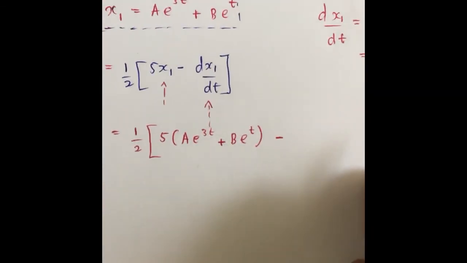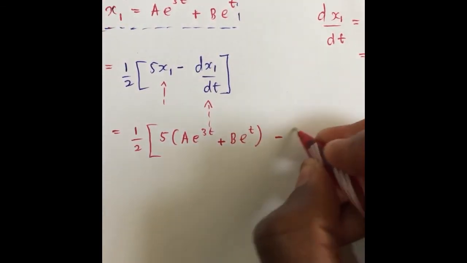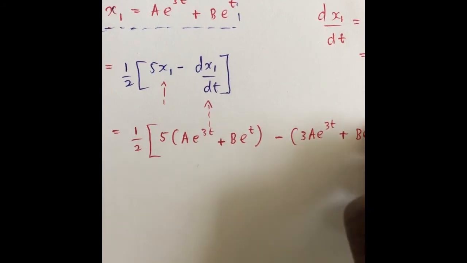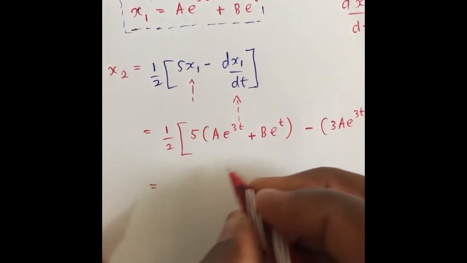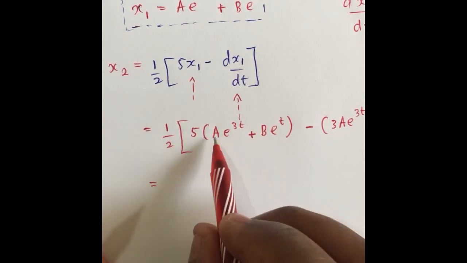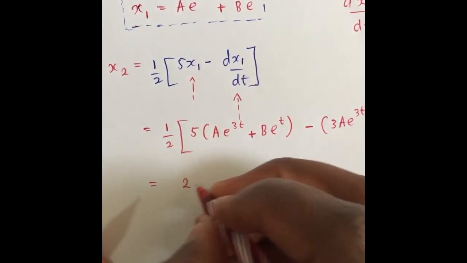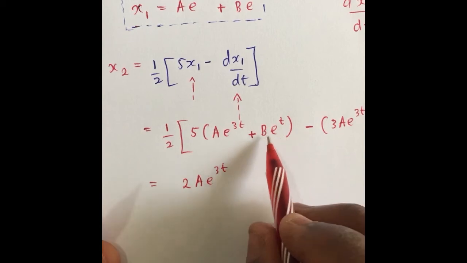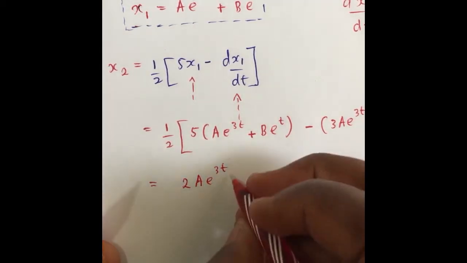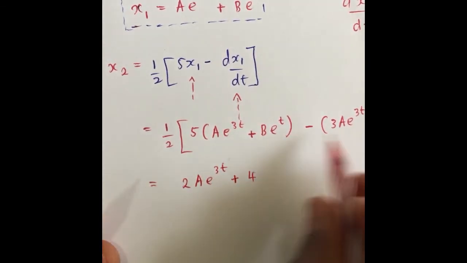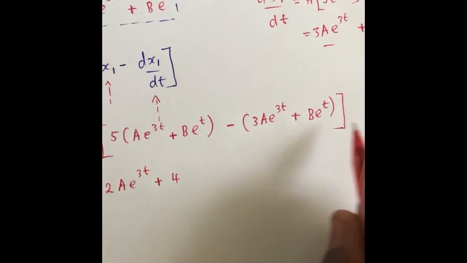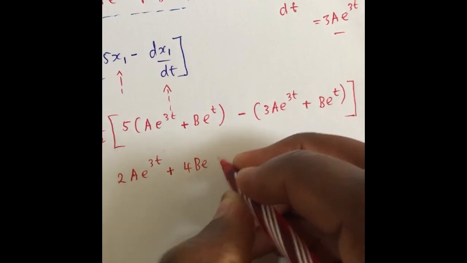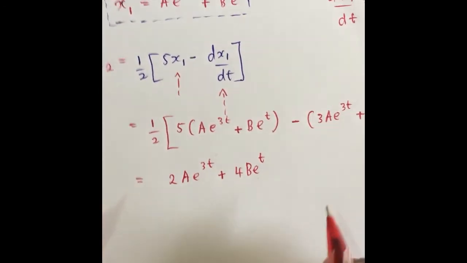If you have that, you now plug it in here: 5a e to the 3t minus 3a e to the 3t gives 2a e to the 3t. Then the b terms are the same: 5b e to the t minus b e to the t gives 4b e to the t.